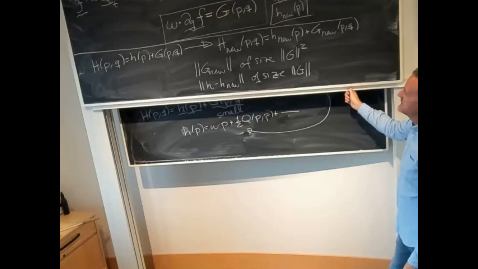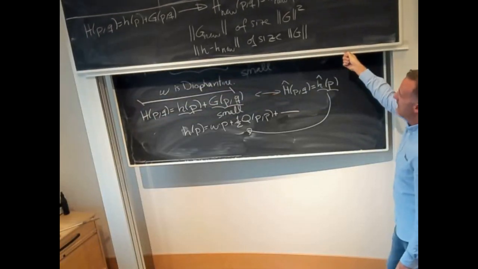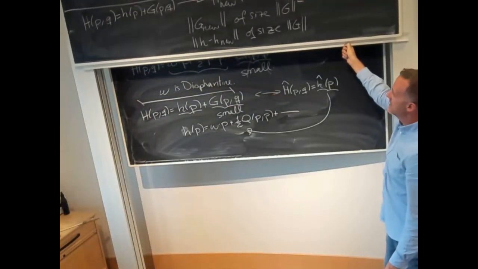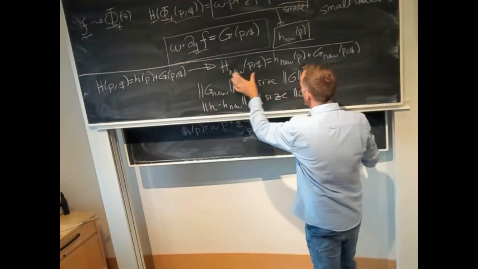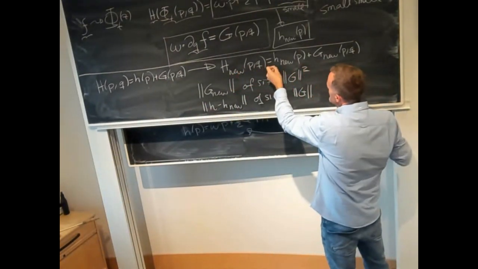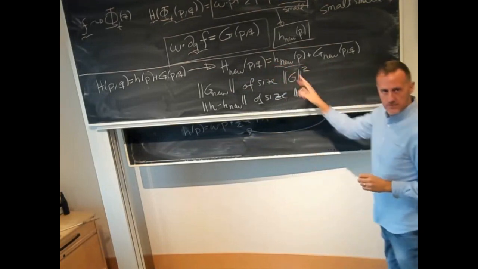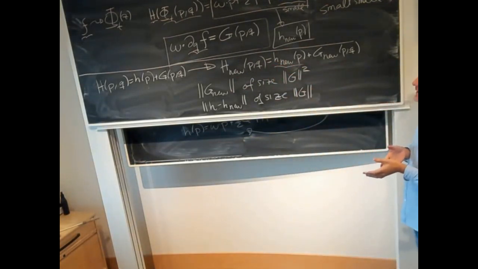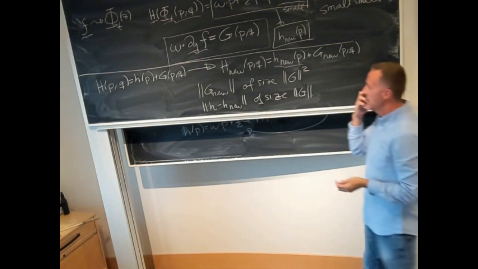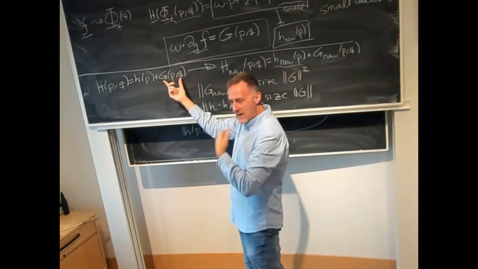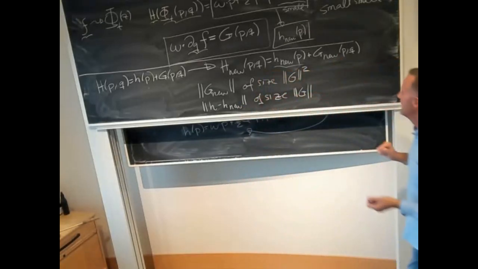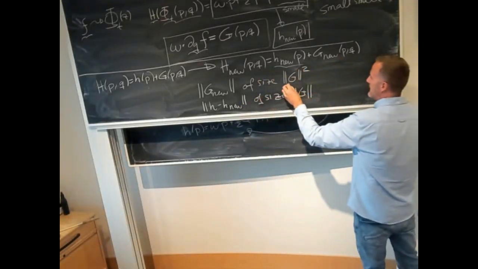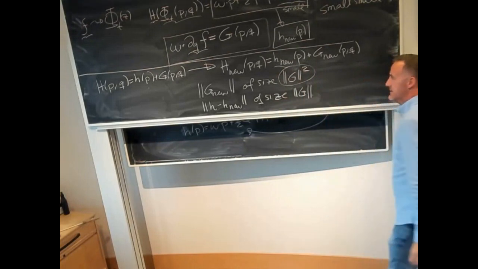Okay? So that's how we perform a KAM scheme. We start with a Hamiltonian, and then we get a new Hamiltonian such that the desirable part is very close to the old one, and what we want to get rid of, we cannot get rid of, but we obtain something that is of this size.